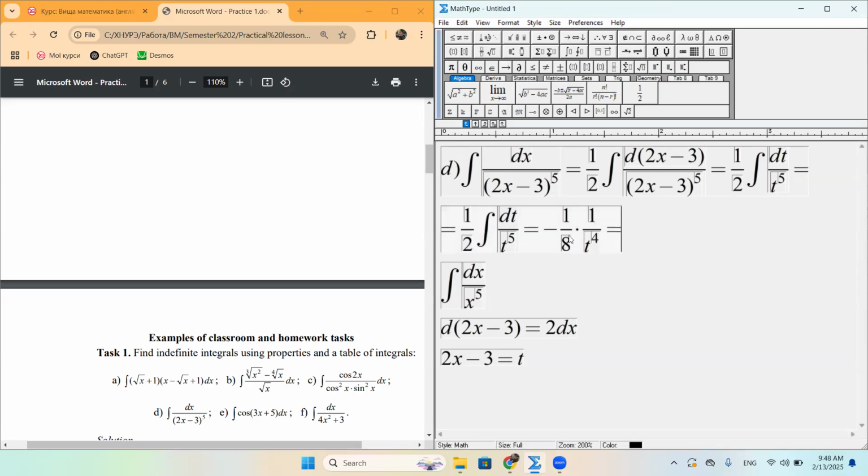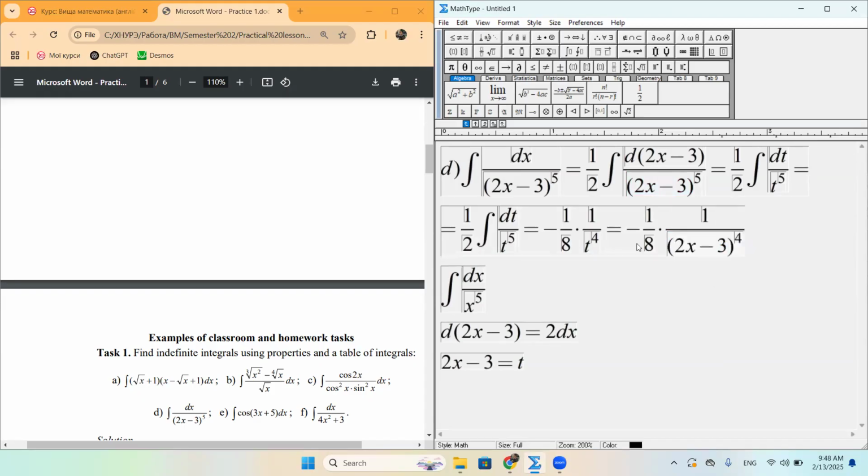And if we return to the old variables, we can use this expression. Yeah, and plus constant c. Don't forget about it. So any questions about this task?